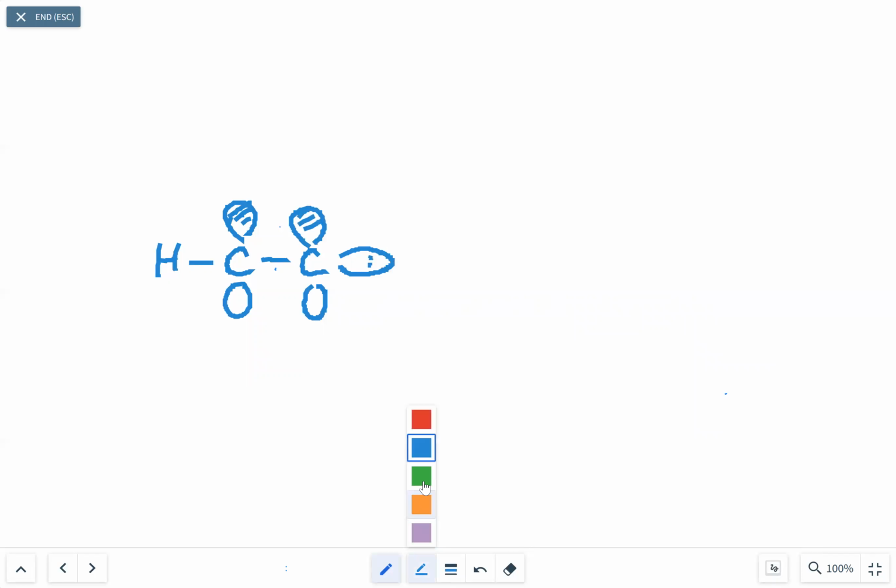Now I'm going to try to draw the other set of orbitals that are coming towards us, back into the board. So there's overlap here and back there, and then in the case of the ones in the board, there's overlap there and back there. So that's making our 2 pi bonds.